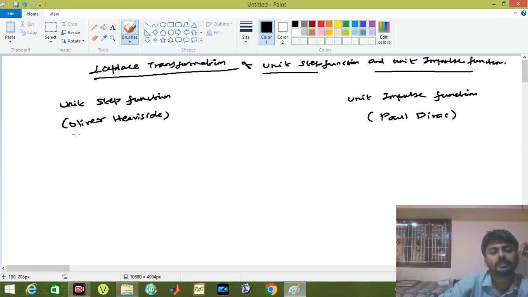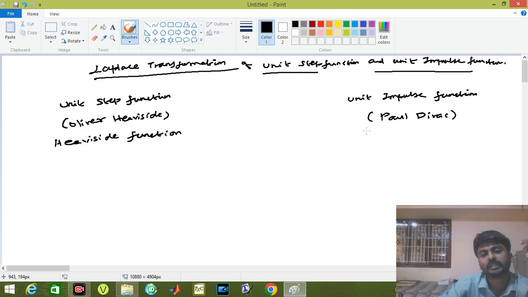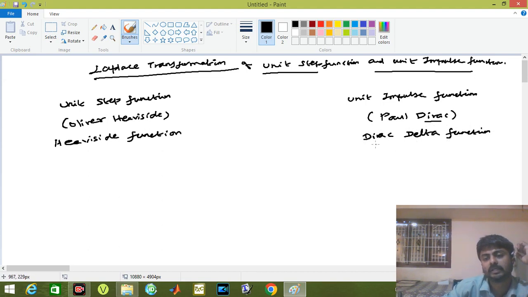So this unit step function is otherwise called as Heaviside function, and this impulse function is otherwise called as Dirac delta function. See, this Dirac is given to delta function, this Heaviside is given to the step function. Okay, now we want to define the functions.